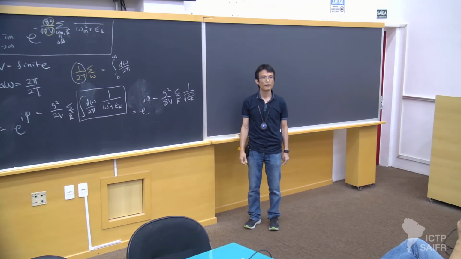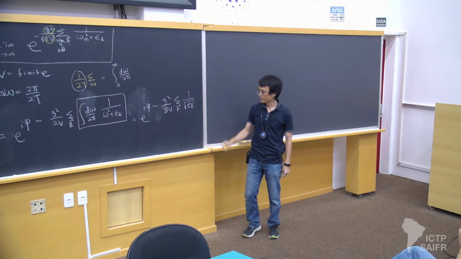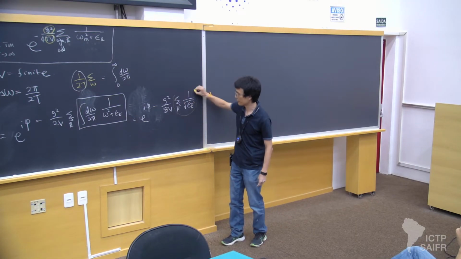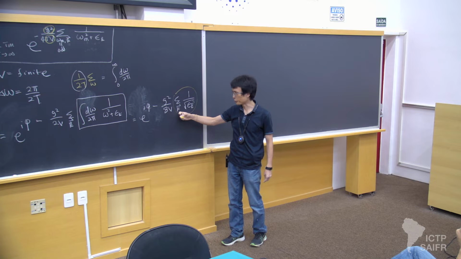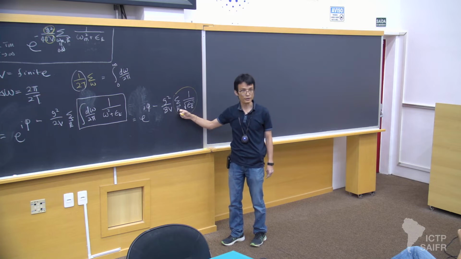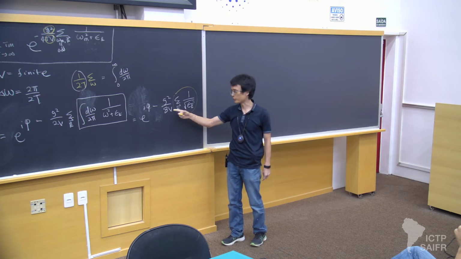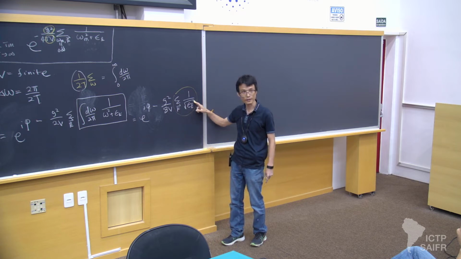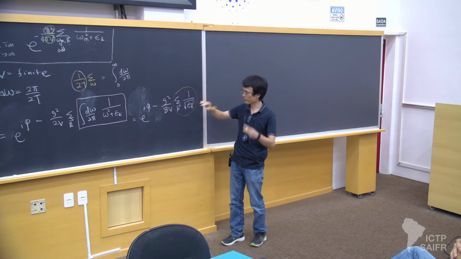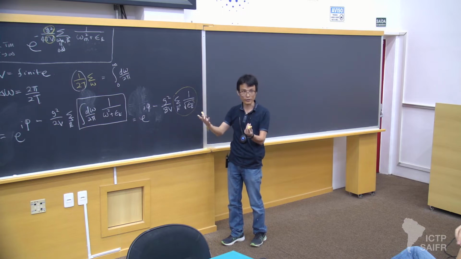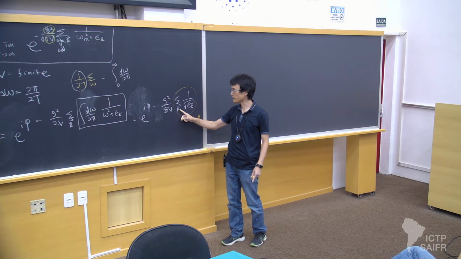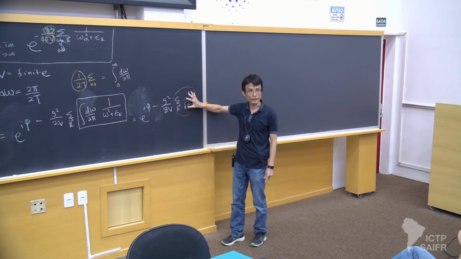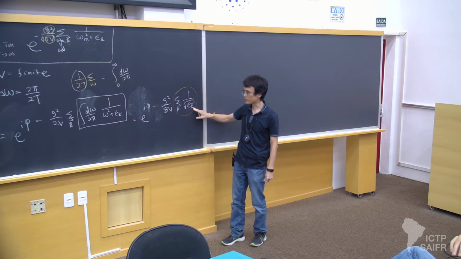So if you blow up this factor, it becomes infinite due to the k equals 0 mode. You sum over all k values, but for k non-zero values, well, this is still non-zero, right? So 1 over some big but non-zero value still gives some finite number. But when k is 0, this is strictly infinite because E of k is strictly 0.